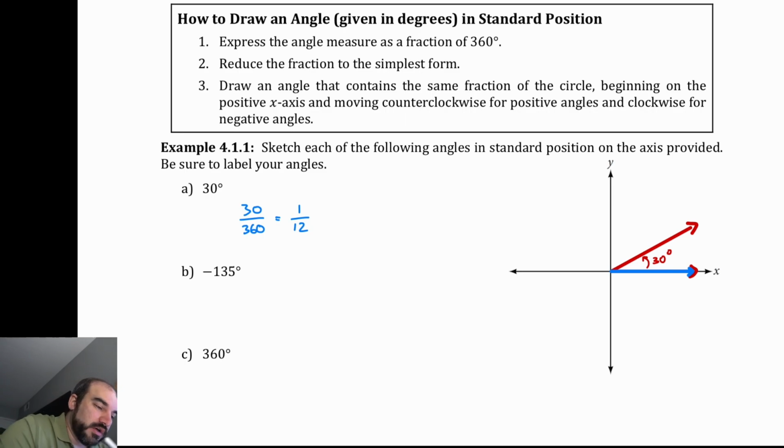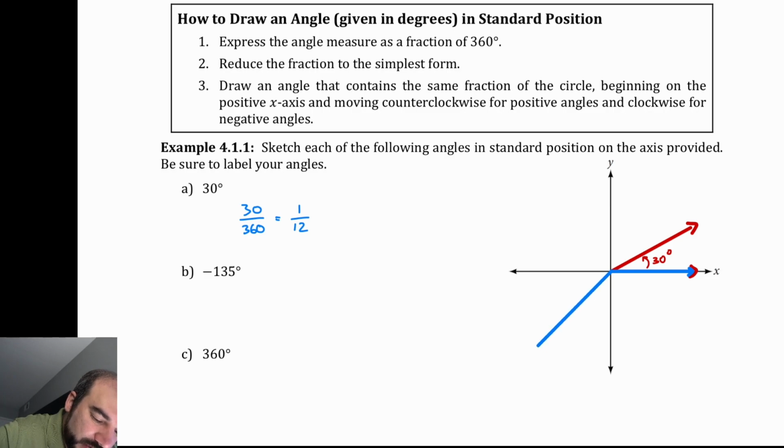Good. So even when we're going clockwise here, opening up in the negative direction, we can think about this negative y-axis. This would be a negative 90 degree measure, right? And then if I keep going, that would be a negative 180 degree measure. So I know it's between negative 90 and negative 180, which means my angle is going to be in the third quadrant here.